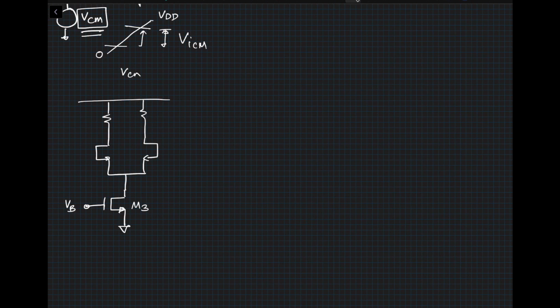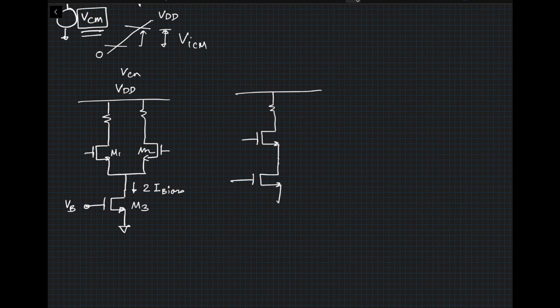So this is M3, and this is going to provide me 2 times I bias current, let's say. This is my M1 and M2. When we do the half circuit of this, it's going to look like this. Again, this is a common mode, so we also have to look into the current source over here. In the differential case, this node will be virtual ground, and when we do small signal analysis, we don't take the current source into account and we just ground that. But right now we are looking at something like a DC or large signal analysis of the input differential pair.